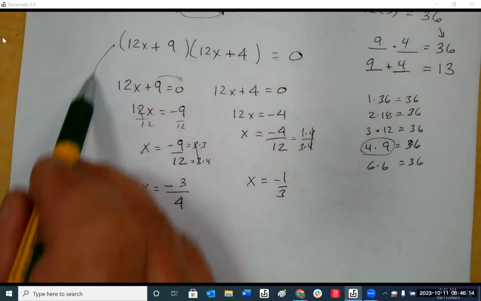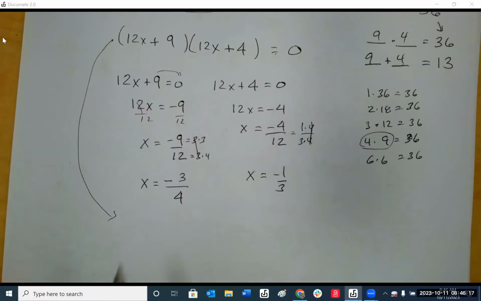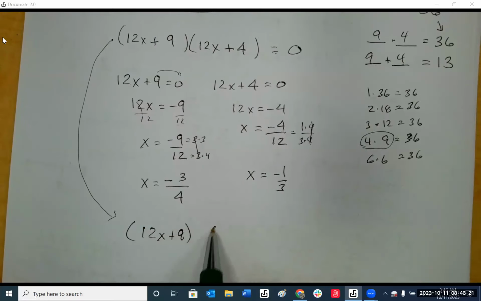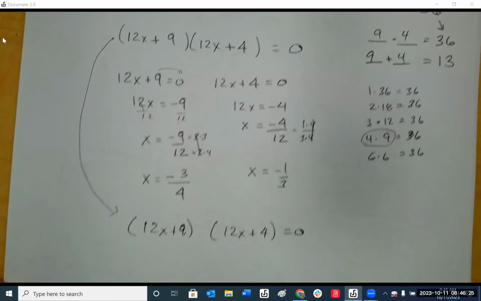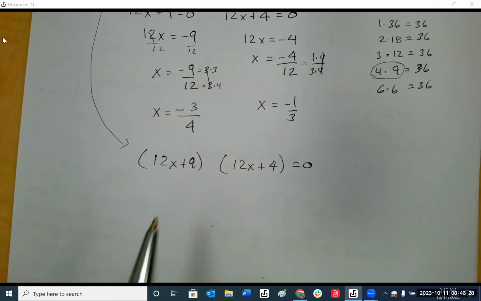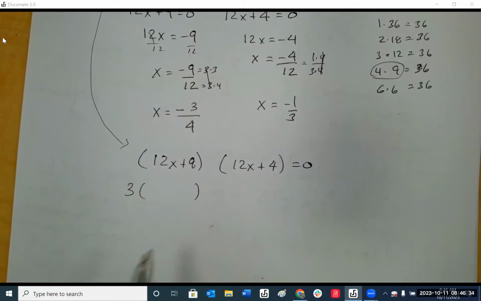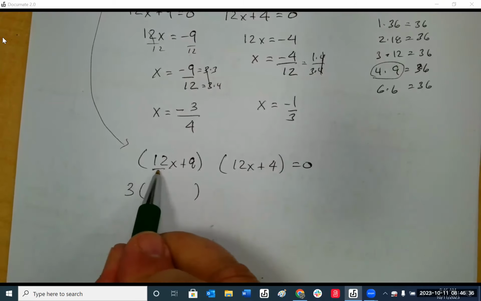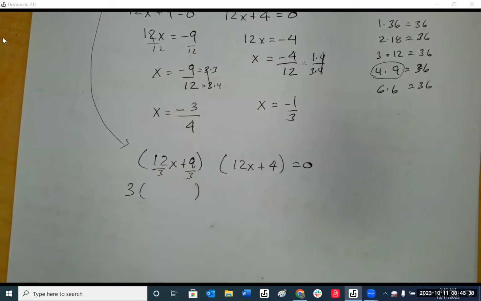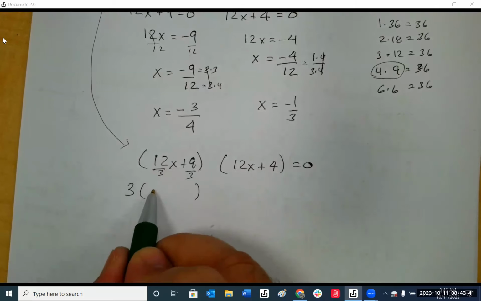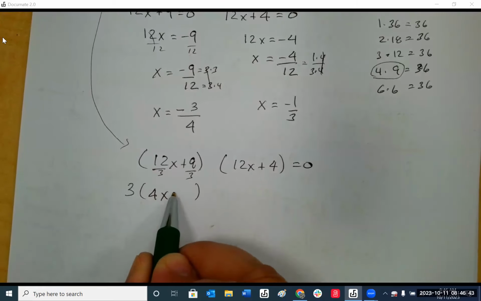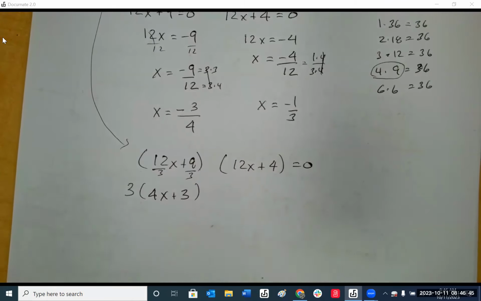That's how come what we were supposed to have done here, you're supposed to have factored out what they have in common first. What do 12 and 9 have in common? They both have a 3 in common. So I divide both of these by a 3. 12 divided by 3 is 4. 9 divided by 3 is 3.